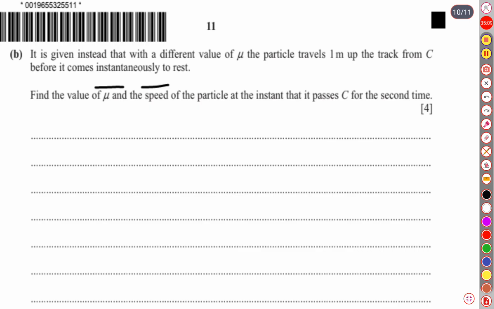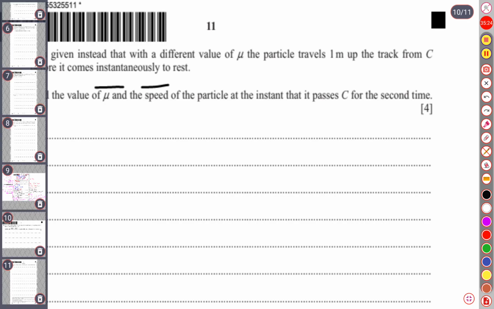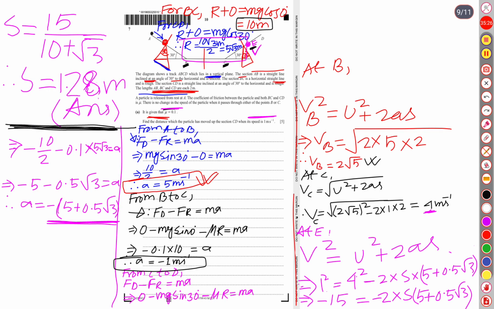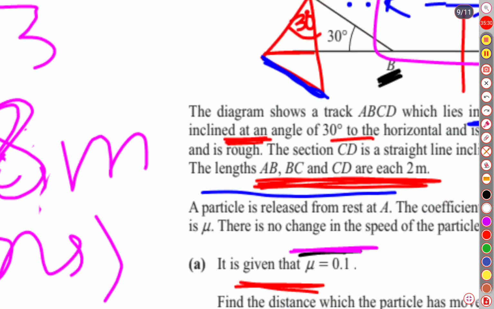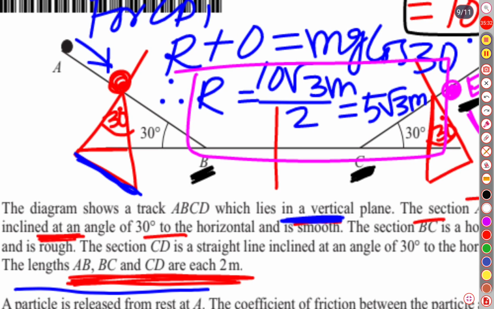First of all, we will have to find the acceleration at different points. We have not forgotten that out of three parts, let's go back to that page. The first part, A to B, is all the same. Look at this, A to B is smooth.